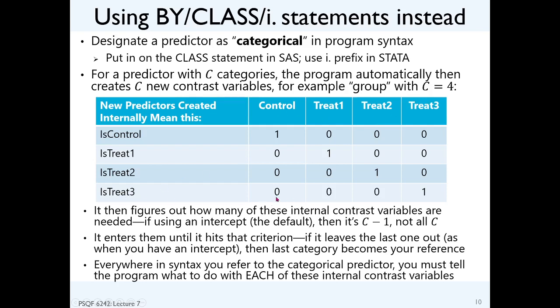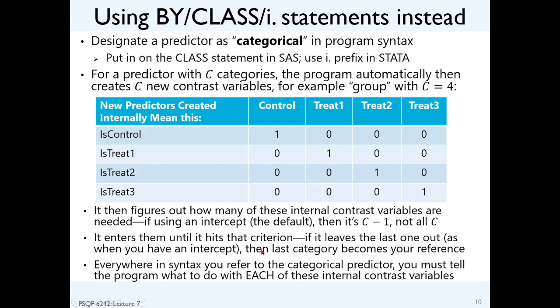Treat 3 would be the reference, because that's when all 3 of these variables are 0. Alternatively, if it left the first one out, which is what Stata does by default, then it would use these 3 variables. The control would be the reference, because that's when they are zeroed out, and the rest of this looks exactly like the D1, D2, D3 dummy codes we created.